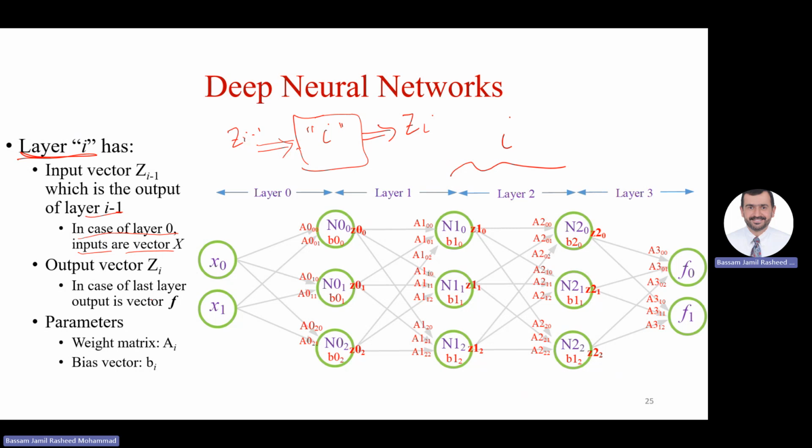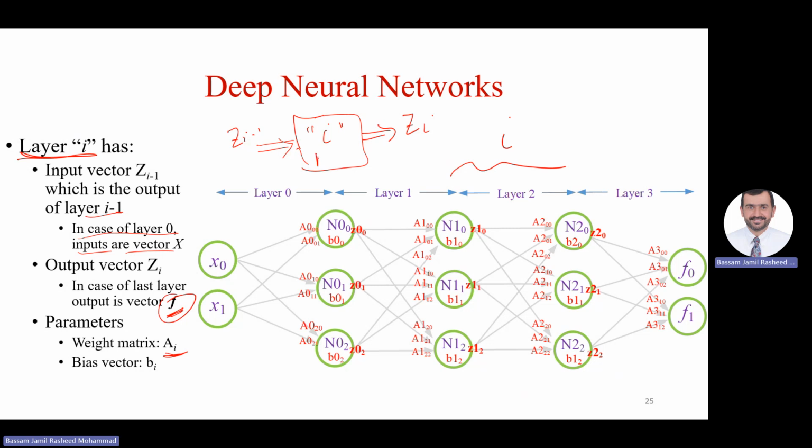Of course, in the case of the last layer, this will be f, the output of your neural network. So for the input layer and the output layer, we have to be careful. For the input layer, z_{i-1} equals x, because they are the inputs to our neural network. And z_i, the output of the ith layer, if it is the last layer, will be f, which is the computed output of the neural network. Okay, and we assume that we have A_i for that layer.